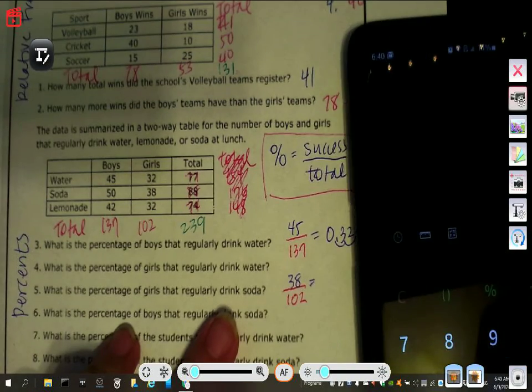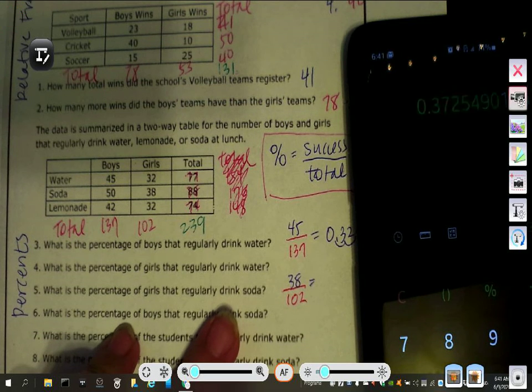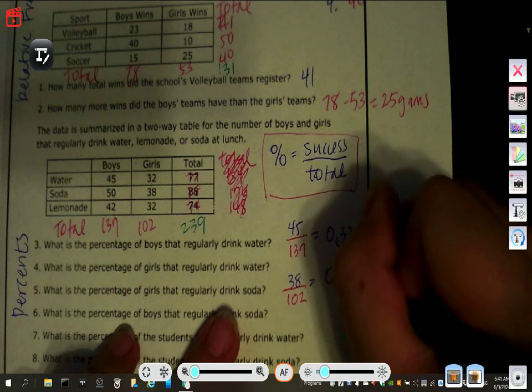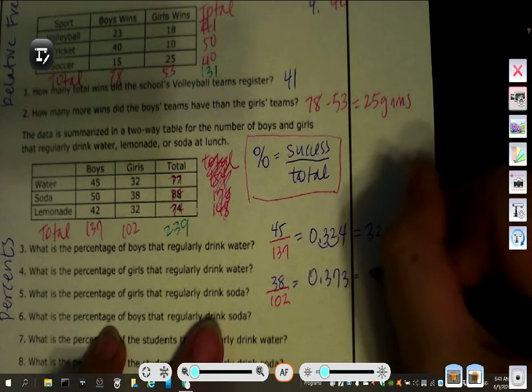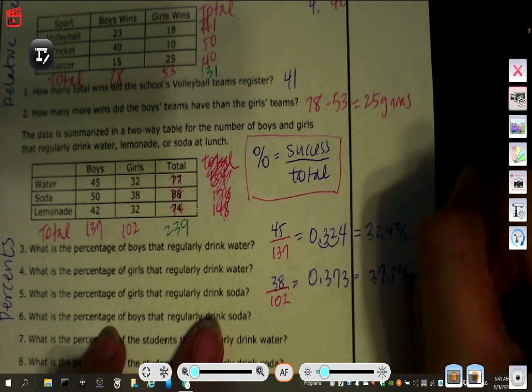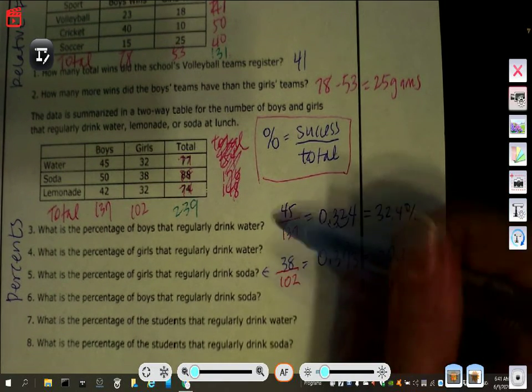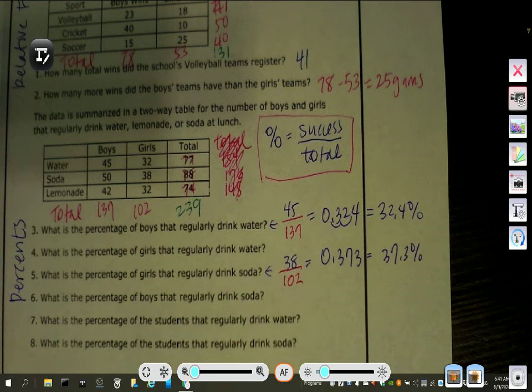Let me do that calculation again. 38 divided by 102 is about 37.3%. Out of the girls, 37.3% drink soda for lunch.